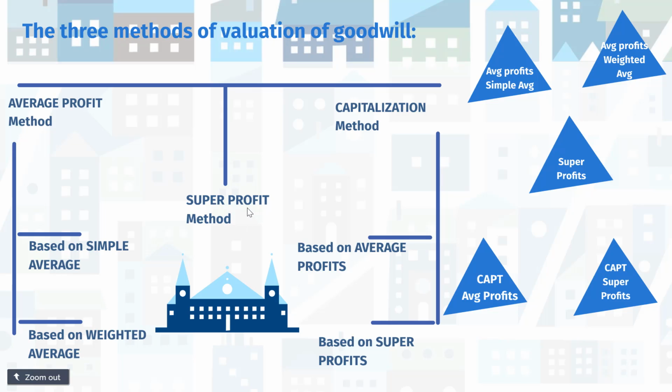The second method is the super profit method, whereas the third method, which is the capitalization method, is divided into two: the first is the method based on average profits, and the second one, the capitalization method, based on super profits. So we will just have a look at the formulae for each of these methods. We'll begin with the average profit method when it is based on simple average.